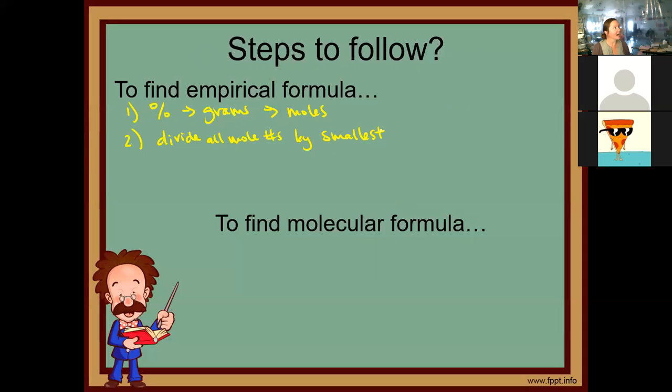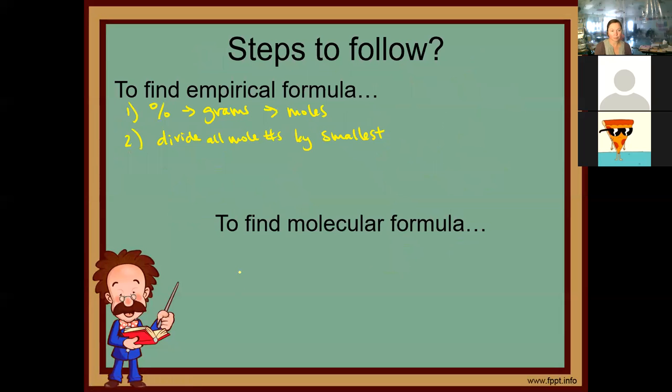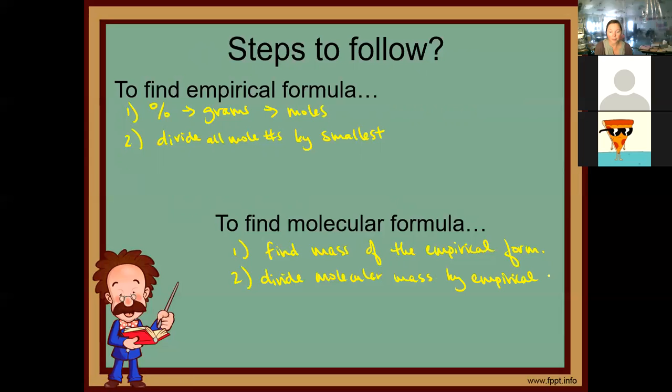Good? How do I find the molecular formula? What should we do first? Think about here, what did we do? Good. We're going to add together all the atoms of the empirical formula. We're going to find the mass of the empirical formula. Then we're going to divide that bigger molecular mass by the empirical mass that we just found.